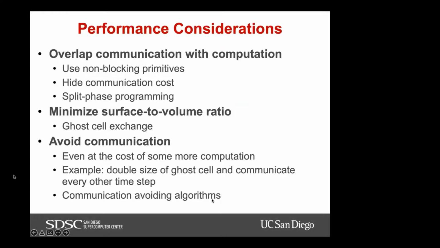So that was basically all the pieces you need to take a problem, break it up into different domains, and use either point-to-point or collective communications as you need to run these things.